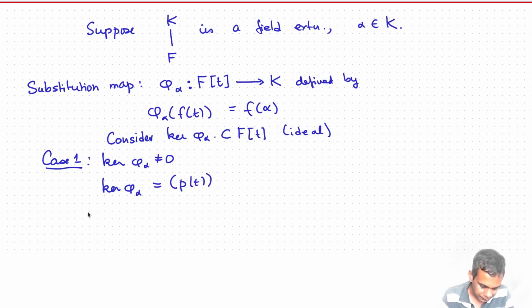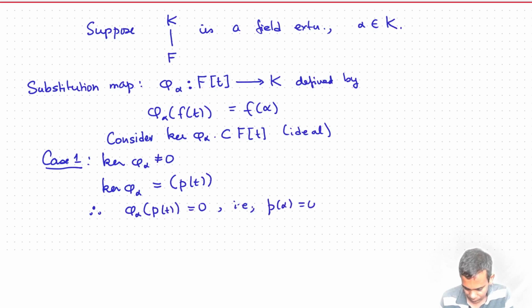This means that phi alpha of P is 0, i.e. P of alpha is 0.